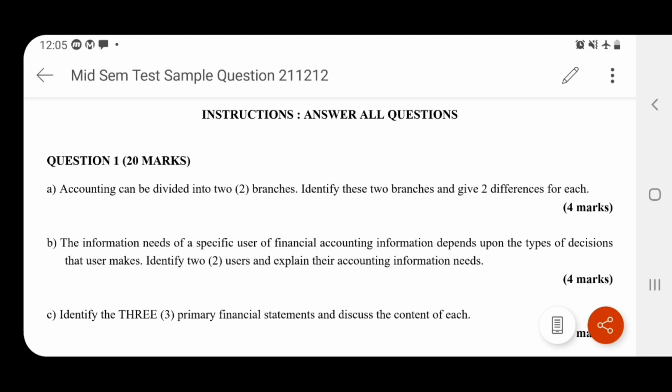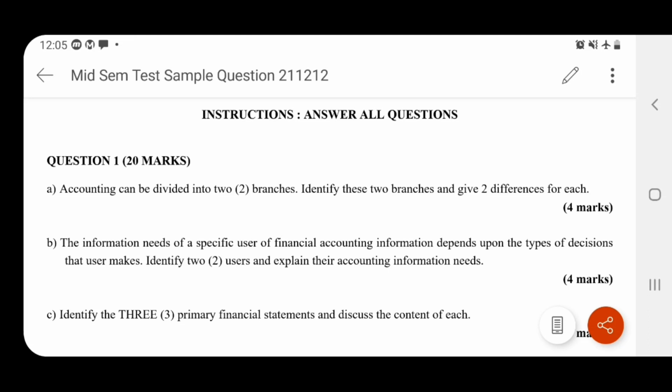Okay, the second difference is in terms of user. For financial accounting, the user of the financial accounting output is mainly external users.